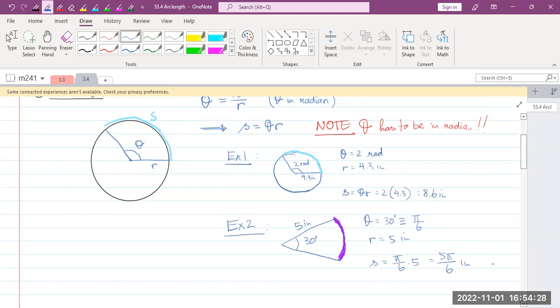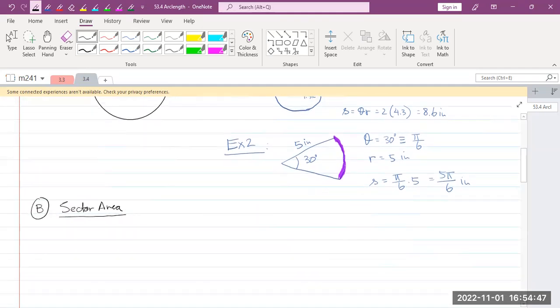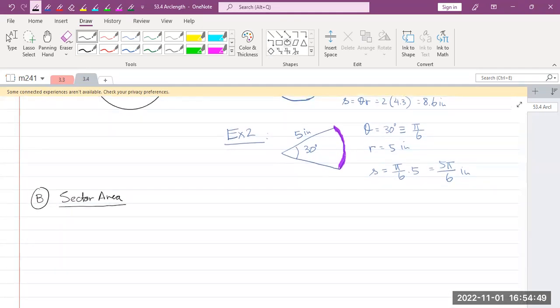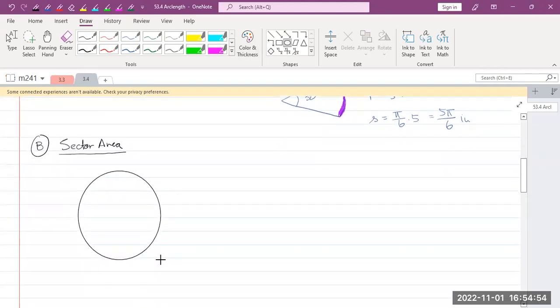Now, that's for the arc length. Let's go on to the second part, sector area. What is a sector to start with? A sector is part of the circle.